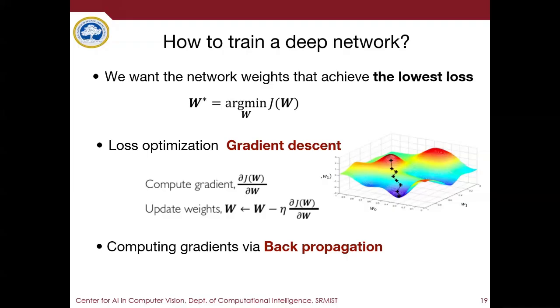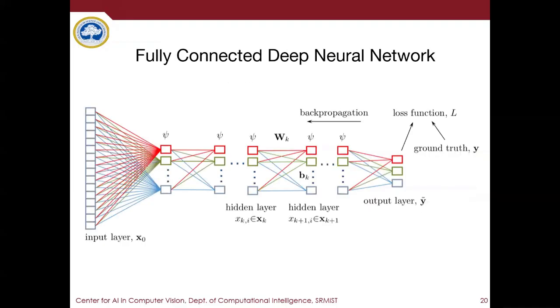That value of W which gives you the minimum of loss is the optimum W star. So you will be finding out that particular value of W which minimizes the loss. I think I am taking a lot of time, so I will be skipping some. This is the story of the neural network.